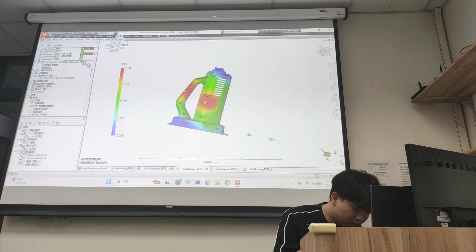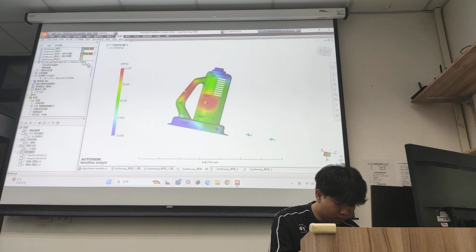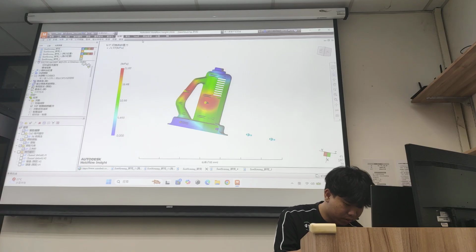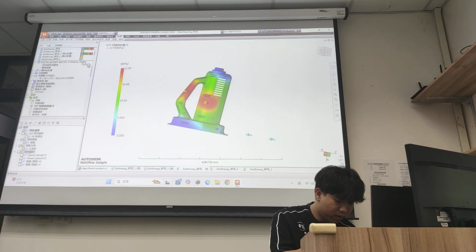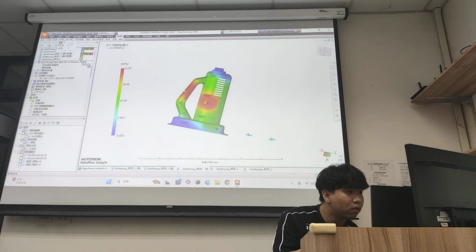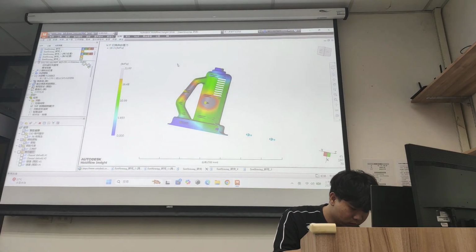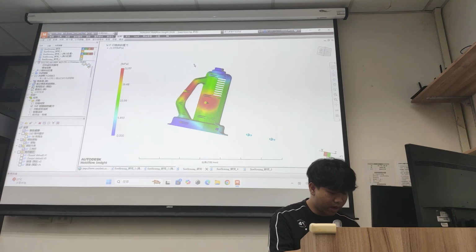Next is the pressure at VP switch over. The maximum pressure required is 21.97 MPa.